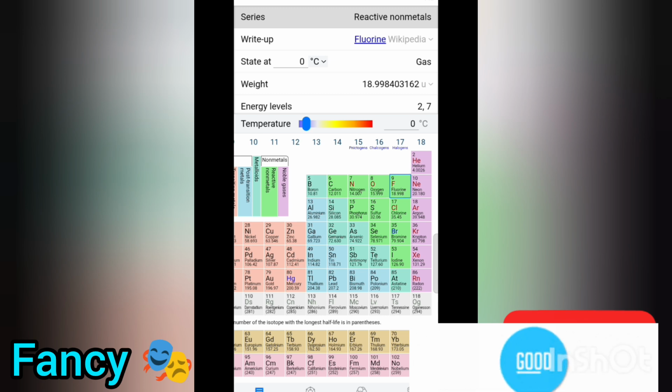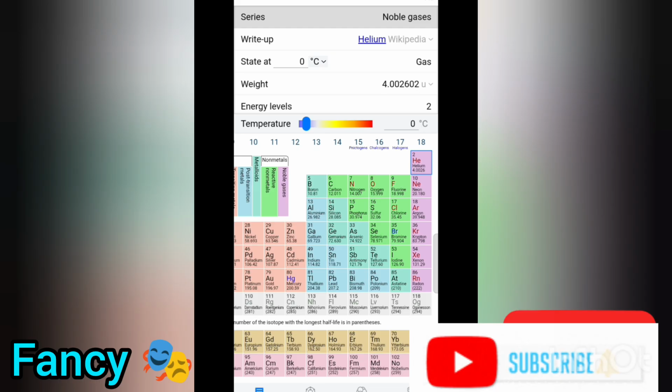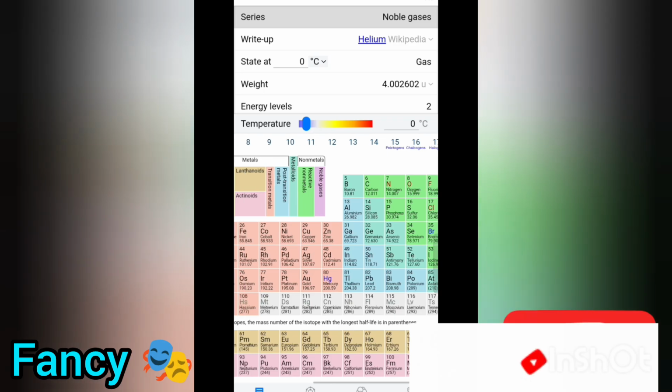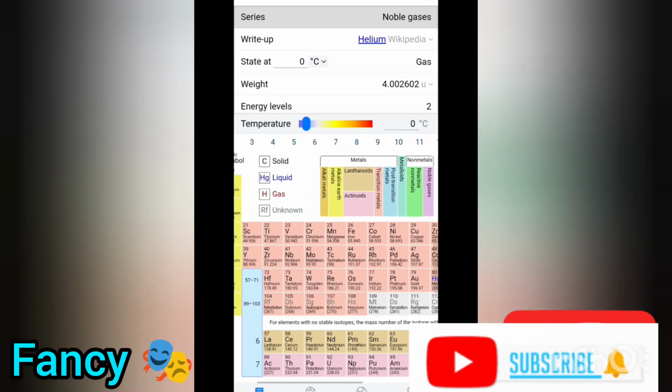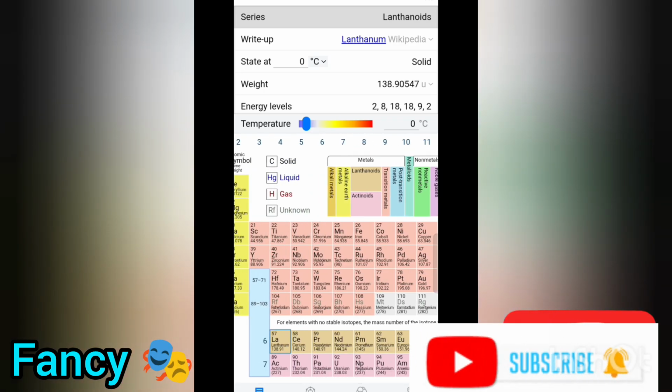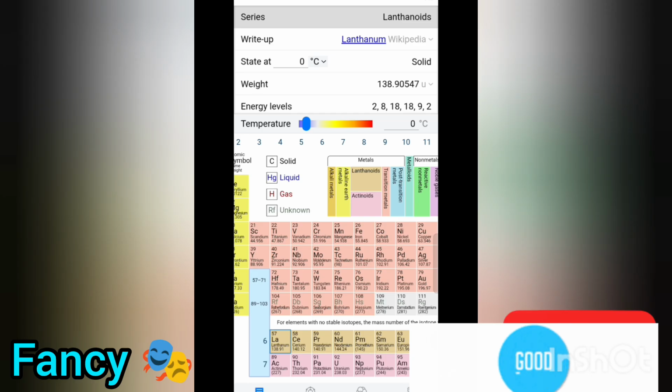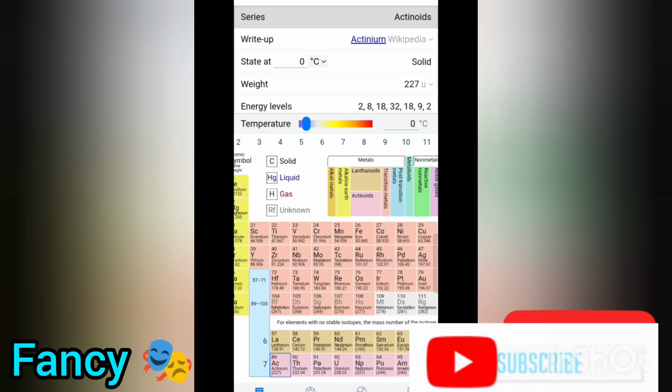Group 17 is the halogens, and group 18 is the noble gases. Understood? The lanthanides and actinides series are the inner transition elements. They come under the transition elements, and they are the inner transition elements, actinoids and lanthanides.